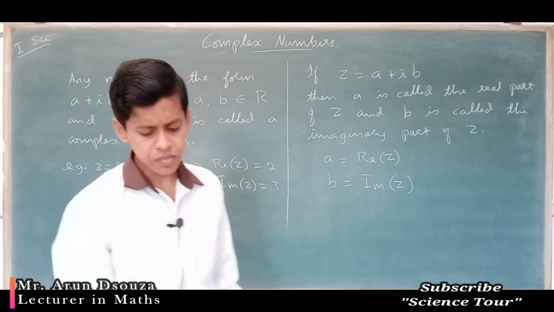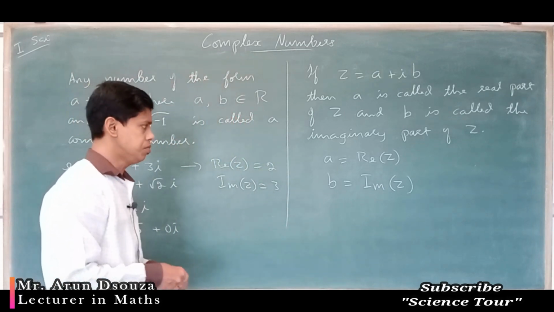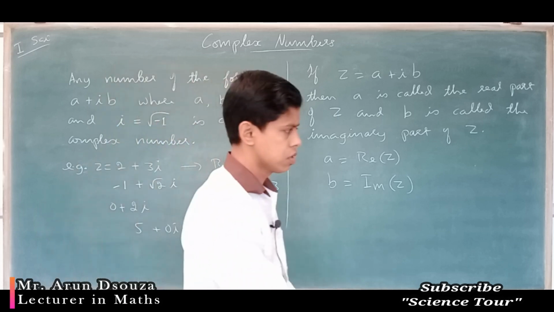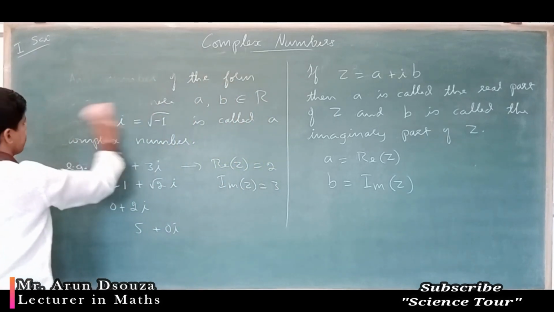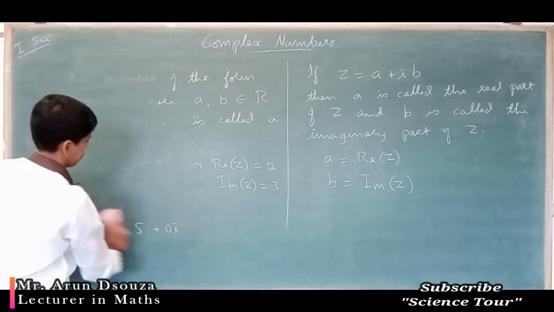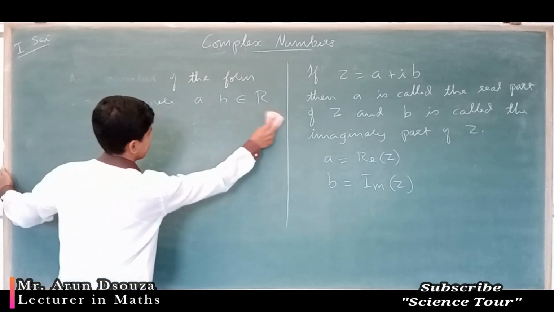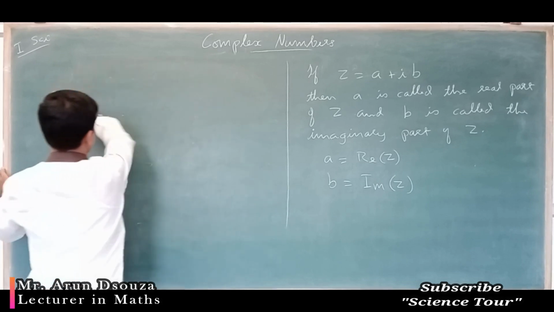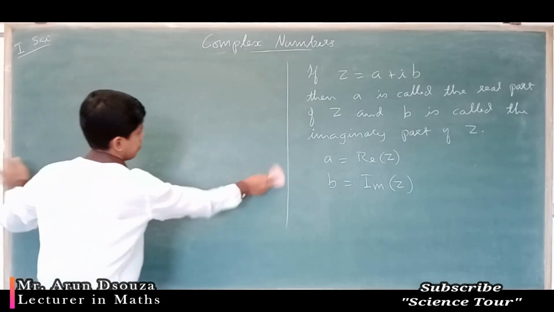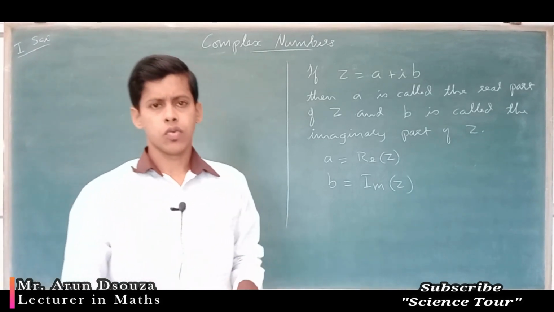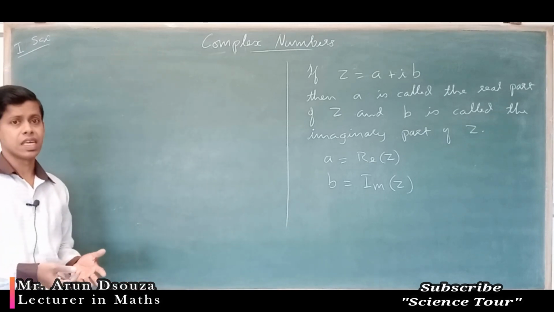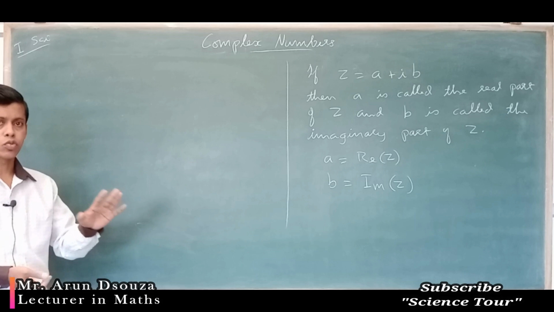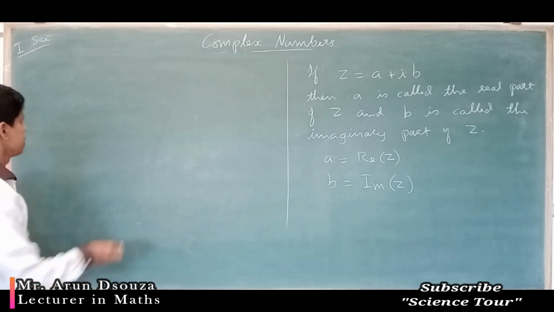Next, in complex numbers, let us say you are saying two complex numbers are equal. So there arises a question: when do you say two complex numbers are equal?